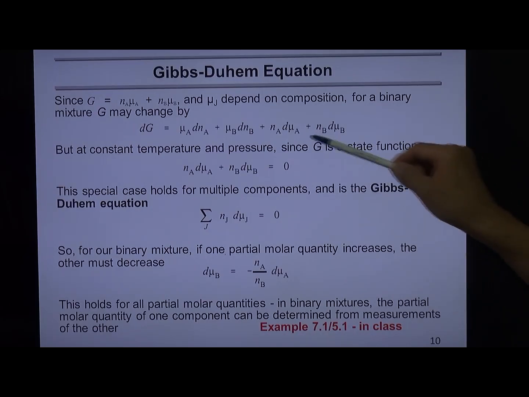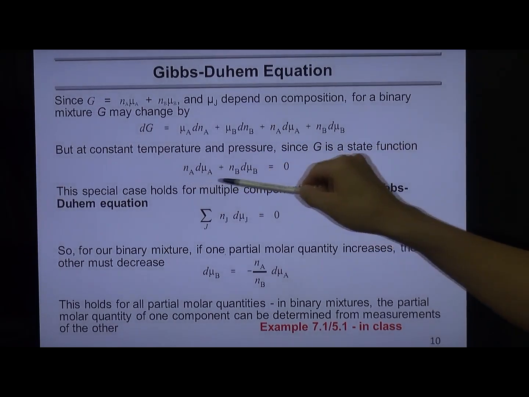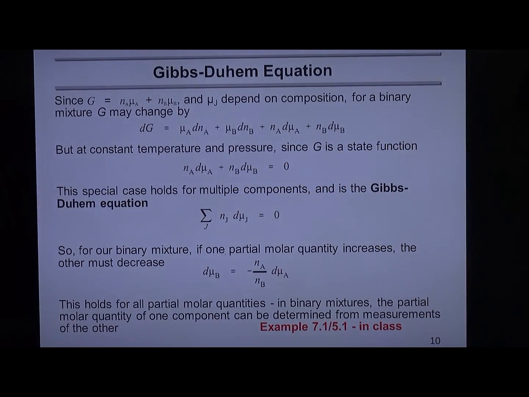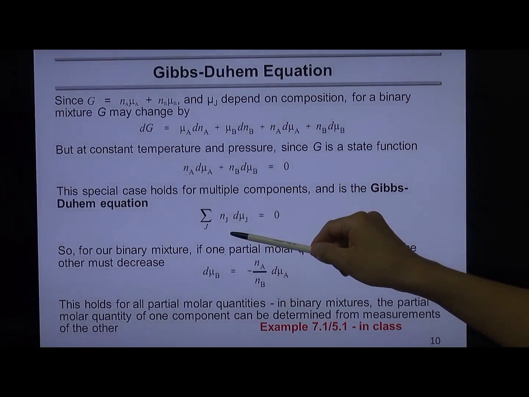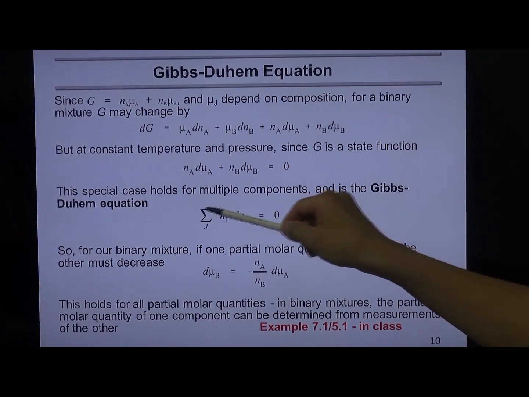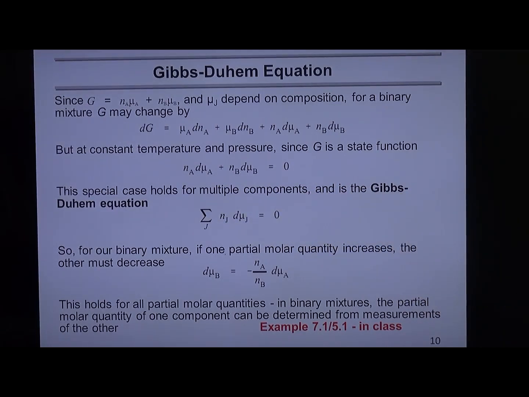Which means that these two terms, NA d mu A plus NB d mu B, equal 0. If there are more substances in a mixture, we can write this as a general equation like this: the sum of Nj d mu j should be equal to 0.